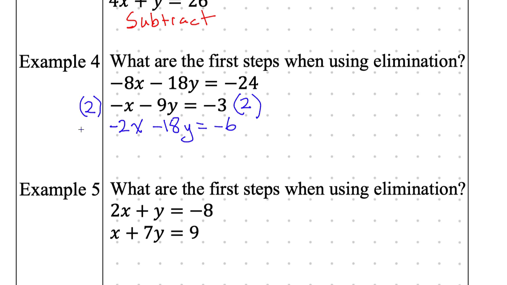If I have negative 18y and negative 18y, what operation am I doing, Jade? I'm subtracting, yeah. So this is the operation that Charles basically stated to us, and we all need to write at least this one down. Multiply second equation, and I'm going to abbreviate, I'm just going to do EQ for equation, by 2. Then subtract.